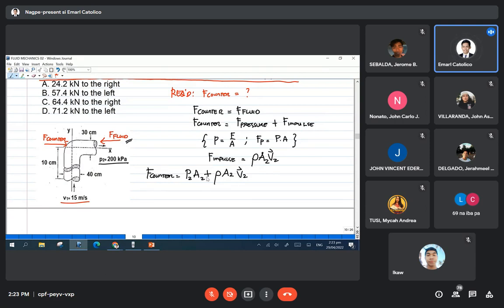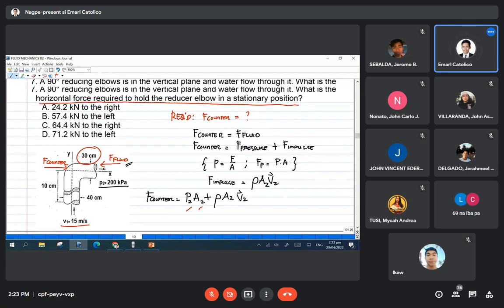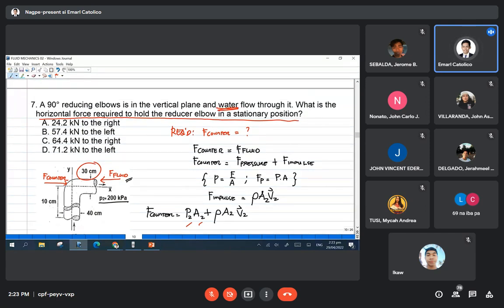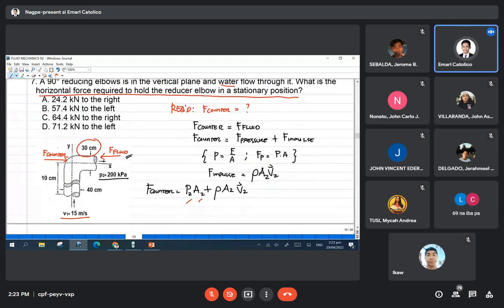Given naman siya. Area, gagamitin mo yung 30 cm na diameter at exit. So, okay din. Kaya ma-solve yan. Density natin, since water ang ating fluid, nabanggit naman dyan sa problem water, kaya alam na yung density. Area 2, kaya din. Velocity 2 ang wala. Isolve muna natin si velocity 2.